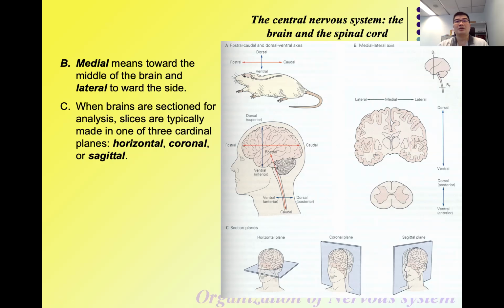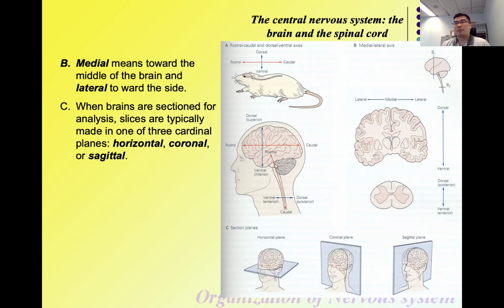So how do we describe it? Horizontal plane means cut like this. Coronal plane means cut like this. Sagittal plane means cut like this. The reason behind this is to help you, if you are interested in looking at those pictures, to know what they mean.